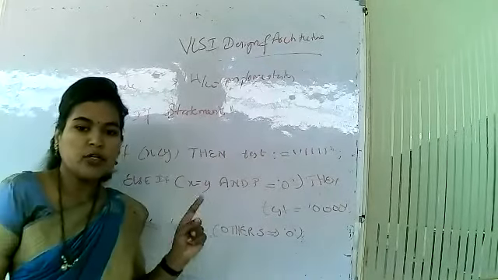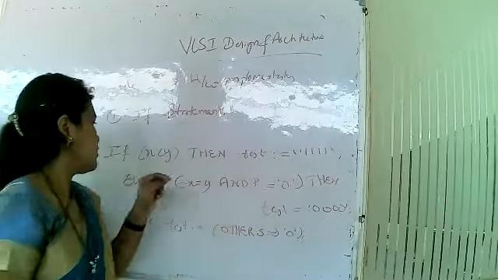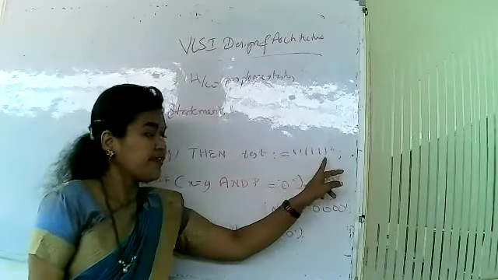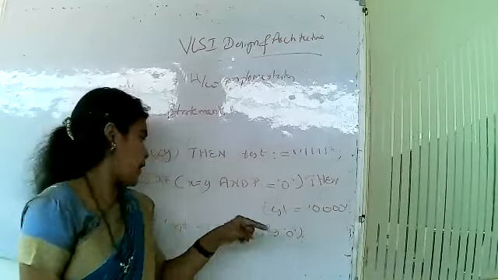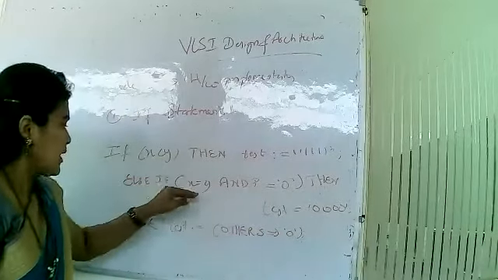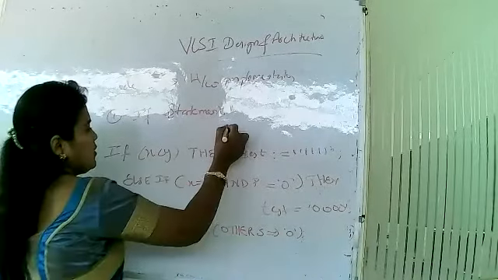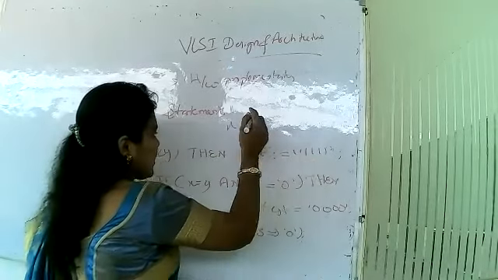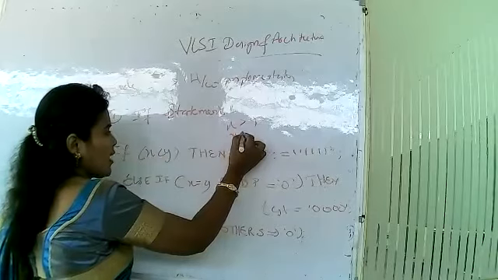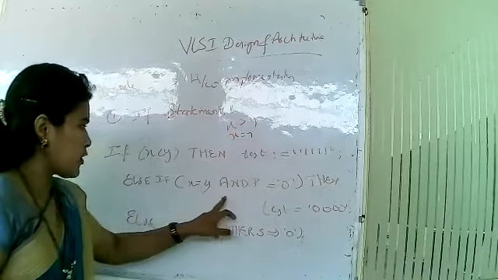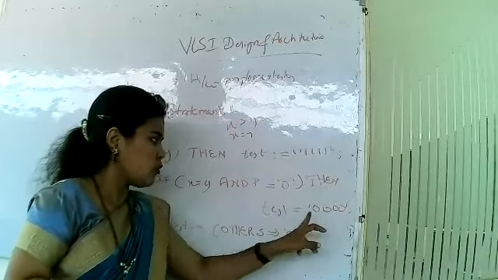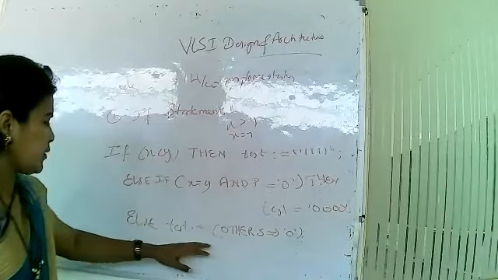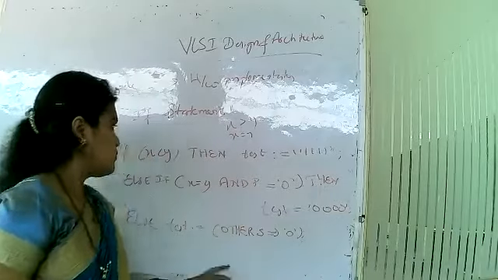In the if statement, I told you if comes means there is a condition. So if x is less than y, then test will be 1, 1, 1, 1. Otherwise, if x is more than y or x is equal to y, then test is equal to 0, 0, 0. It is an example. So else test will be others is equal to 0.